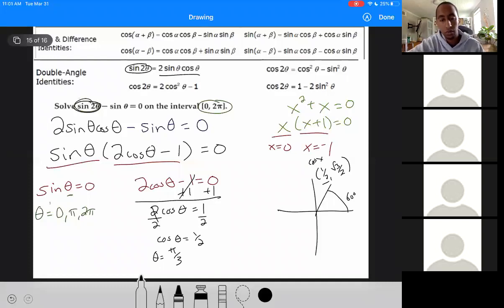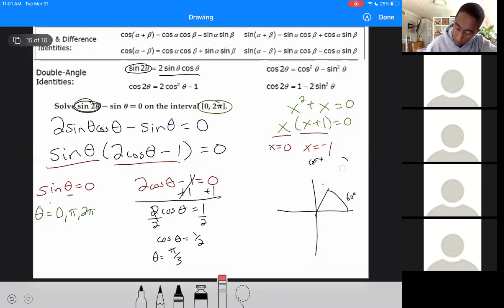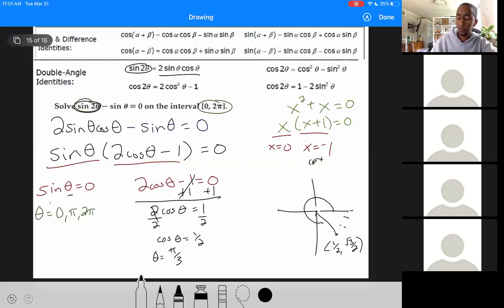What other values is cosine of that angle equal to 1/2? 300. Say that one more time. 300. So let's take it. 300 is over here, the first hash mark. That's, yep, 1/2 comma negative square root of 3/2. So what would that be in radians? 5 pi over 3. Very good.